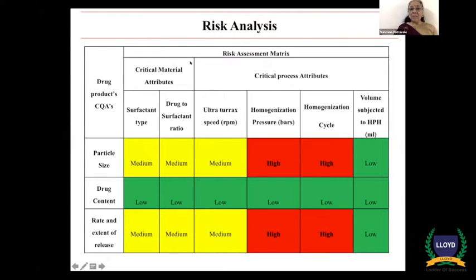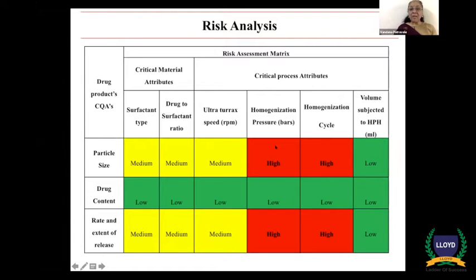Then we made a risk assessment matrix. We looked at CMAs and CPPs and related them to the CQAs, which were particle size, drug content, and rate and extent of release. I told you the low ones you need not pay attention to, because if you take care of the parameters, the drug was very robust. It did not generate a lot of impurity, so there was no problem with respect to content.